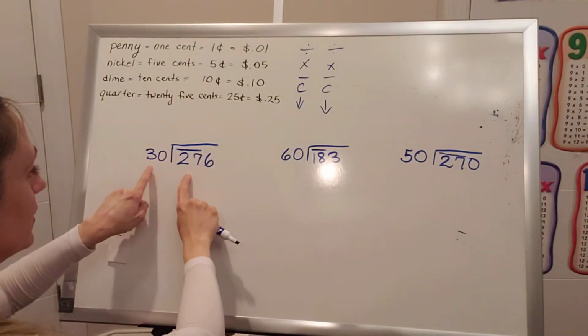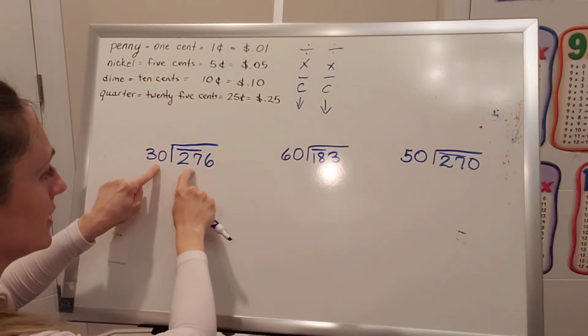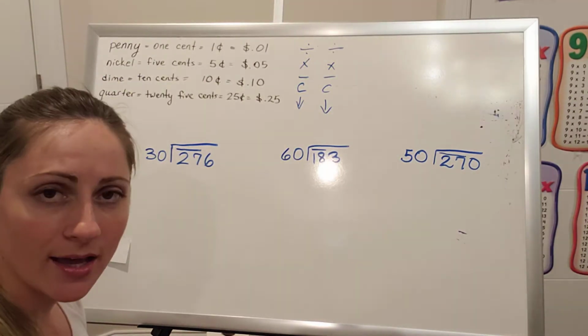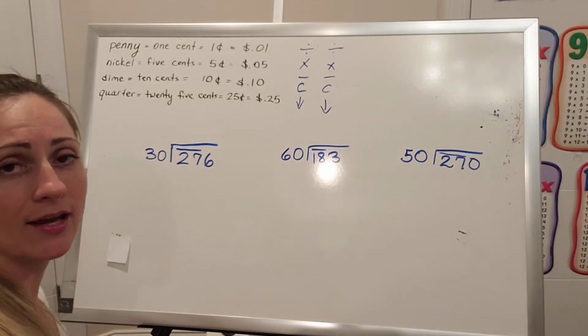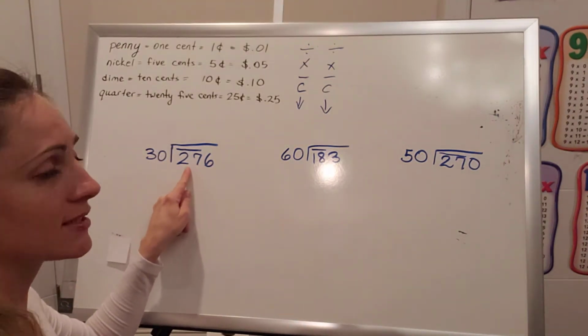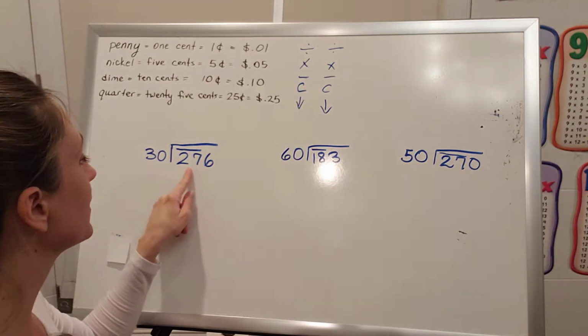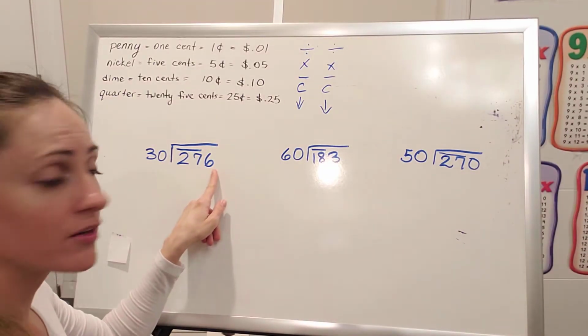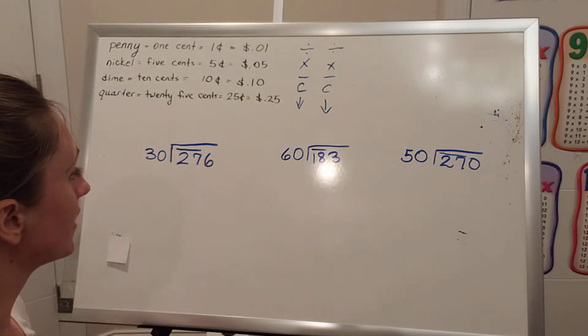So what do we do? Can we divide 27 by 30? Is 27 big enough to be divided by 30? No, it's not. And because of that, we're going to ask for some help. Who can help 27 if it's not big enough to be divided by 30? Well, look at this. We have a good neighbor, the 6 there.